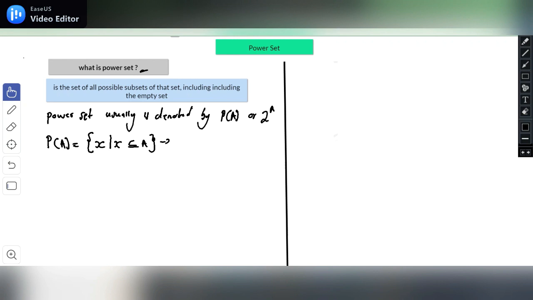So let's do the examples. Write down the power set of the following examples.